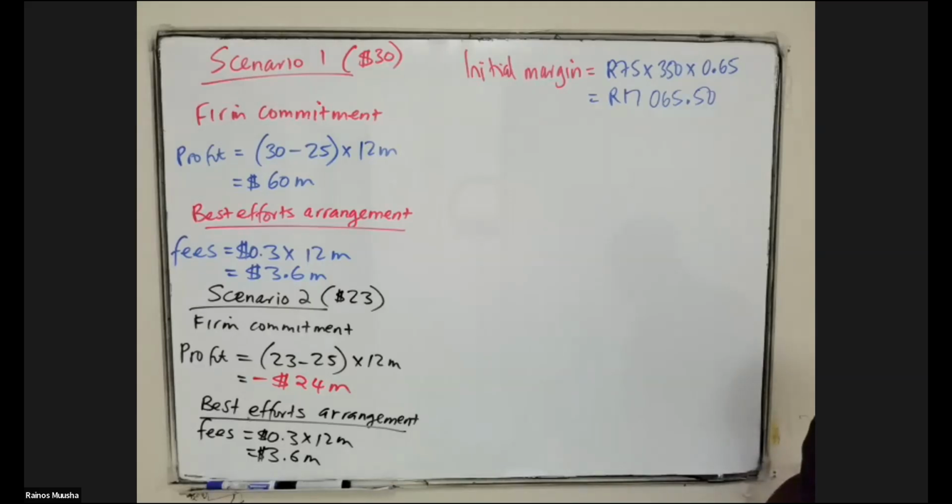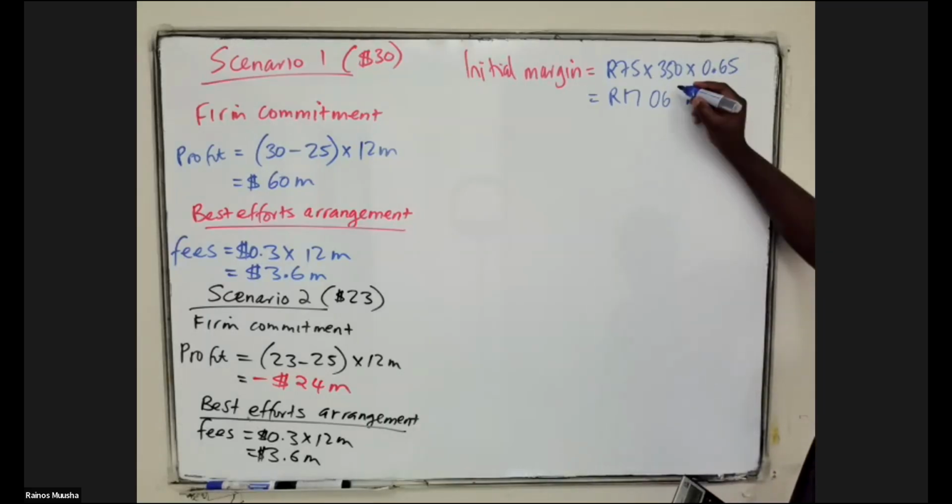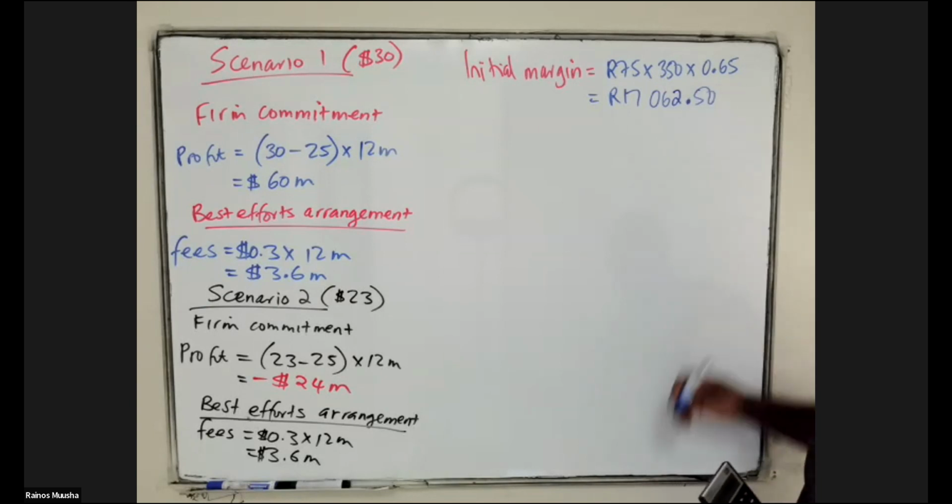Let me check, 75 times 350 times 0.65. Yes, it would be 17,062.50. So it should be 17,062.50.